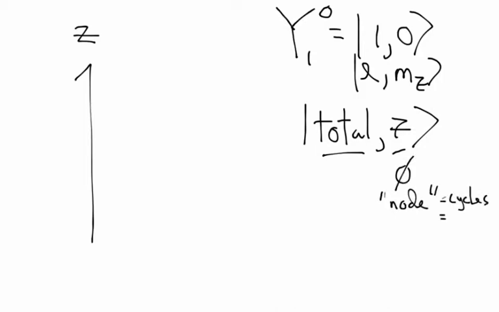Specifically, the total number of nodes, which in the z case, so the phi solution is pretty much always slinky. It's always e to the i m phi. And quite simply, the number of cycles in slinky is the absolute value of m sub z. So the absolute value of the z component of the angular momentum quantum number, m sub z, is going to tell you how many cycles slinky goes through.